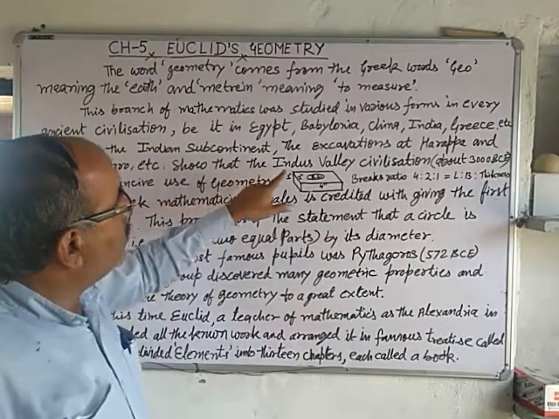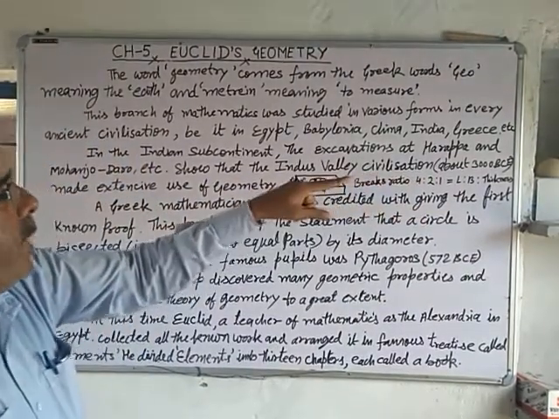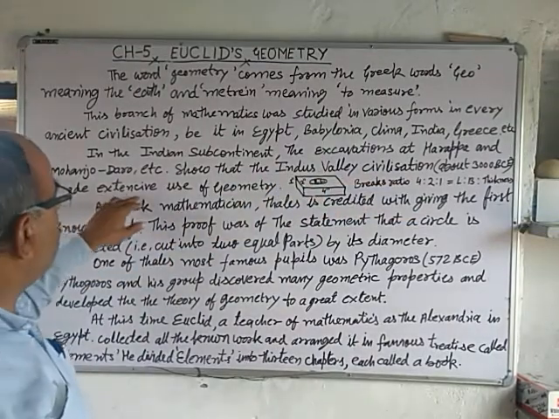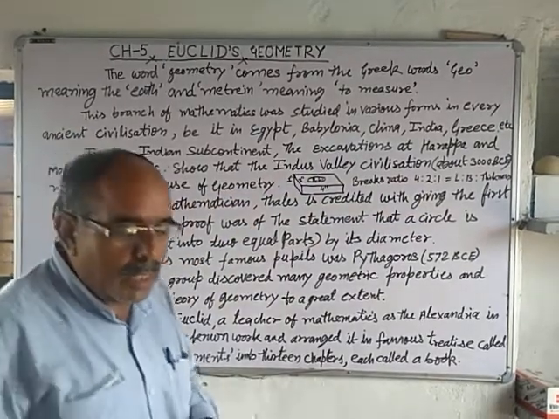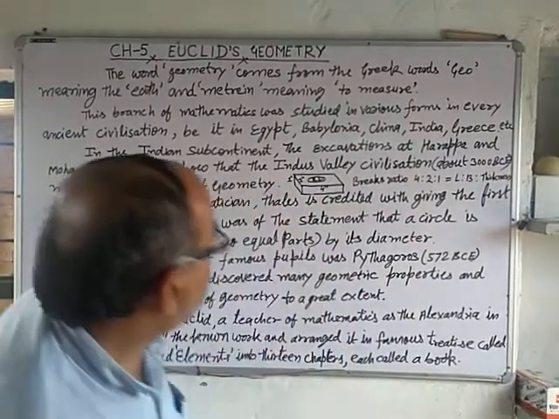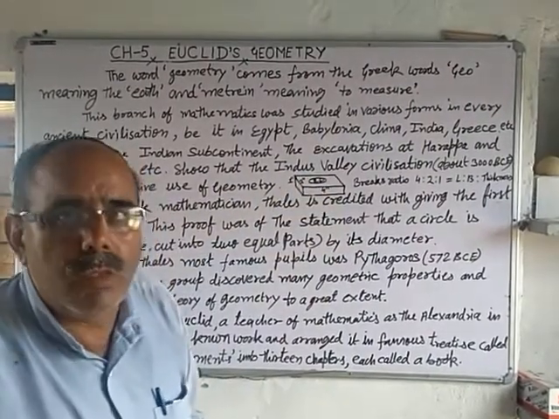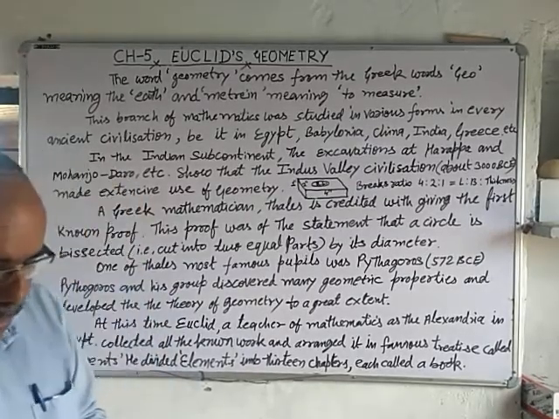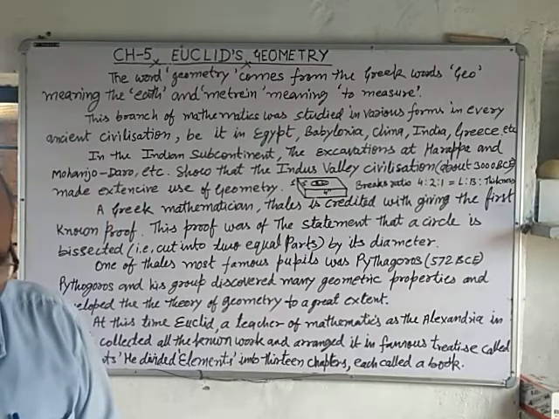The Indus Valley civilization, about 3000 BC, made extensive use of geometry. It was a developed and highly organized society.